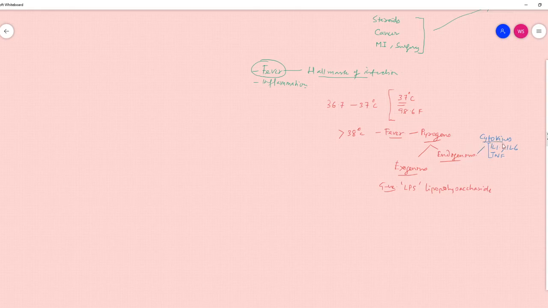So endogenous pyrogens are usually cytokines. Both the endogenous and exogenous pyrogens can reset the set point of the hypothalamus.